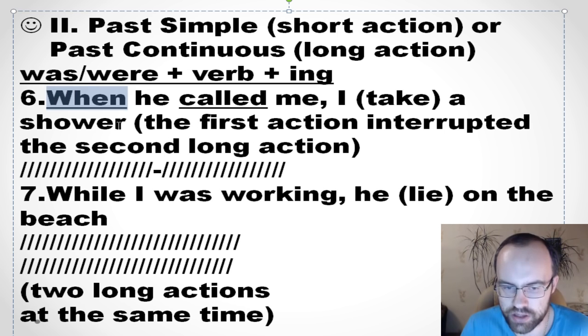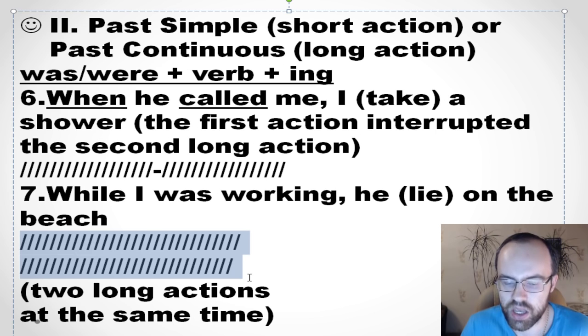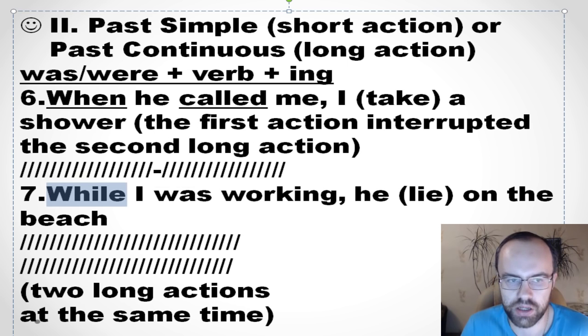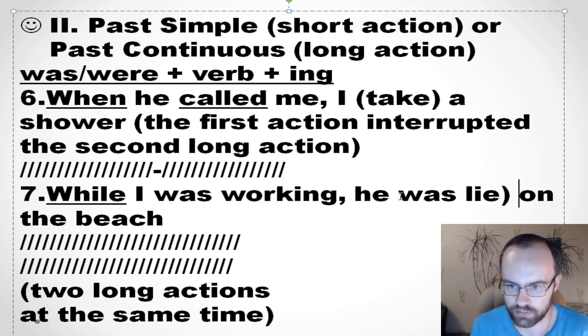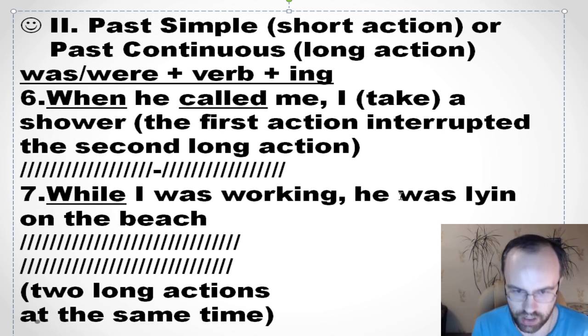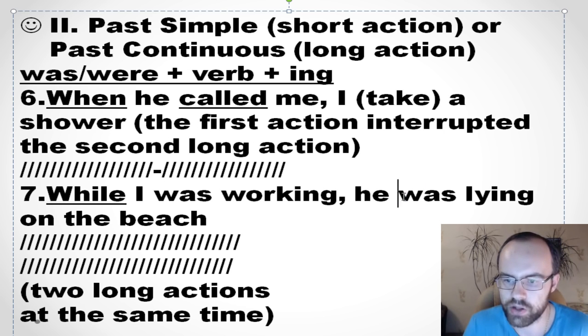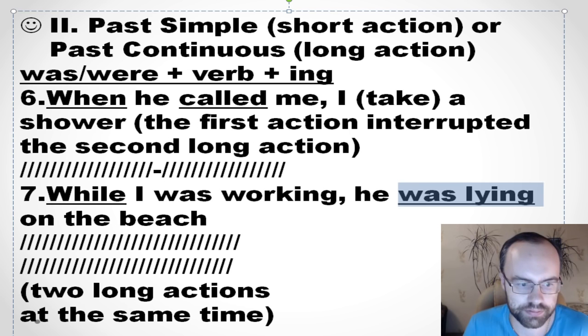And there is another situation when there are two long actions at the same time, and it's usually in sentences with while. So look, while I was working, he was lying on the beach. You need to say it this way. He was lying on the beach. Okay, well done, my friends, really well done.